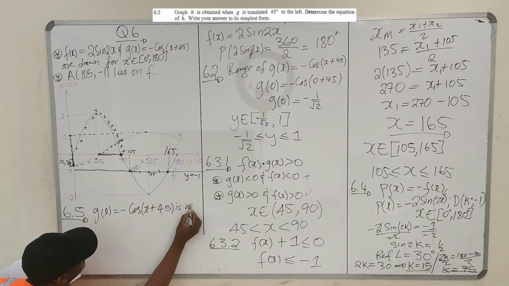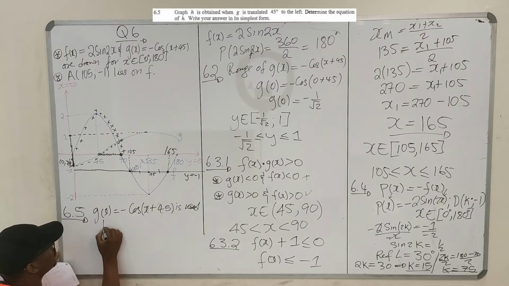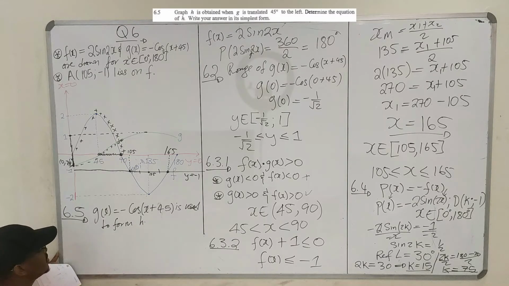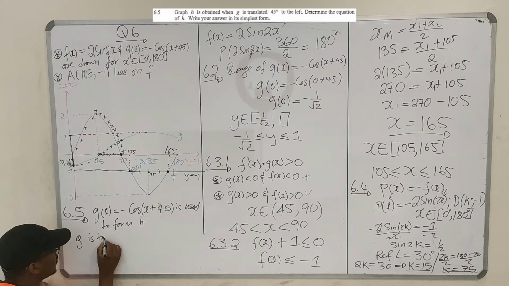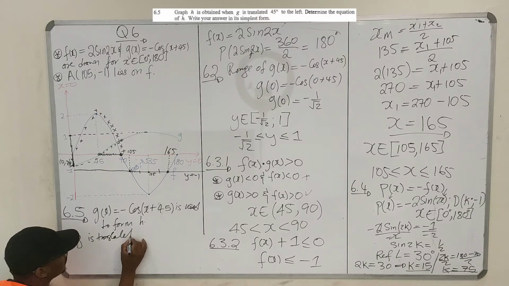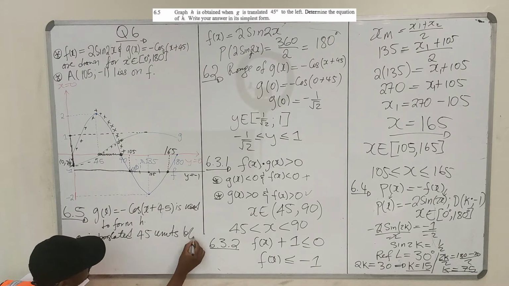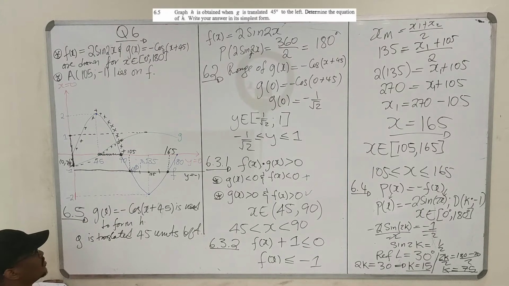Is used to form our function h, right? What did we do? G is translated, it has been shifted 45 units to the left. That's what they're telling us.